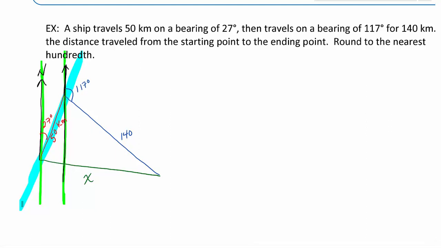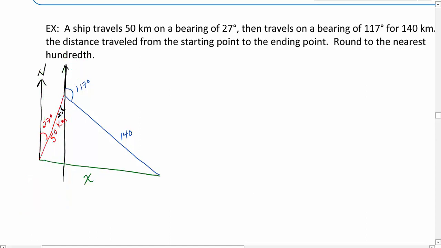When we have that situation, alternate interior angles are congruent. So that means that this little piece right here is 27 degrees. Great. Also, this second due north line right here, it's a straight line, so it's a straight angle measuring a total of 180 degrees.